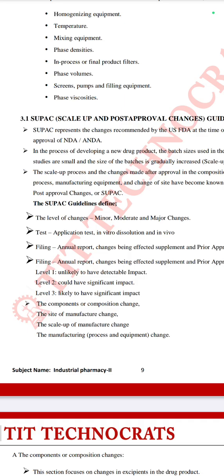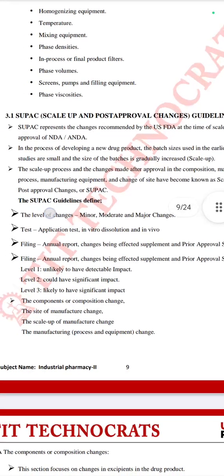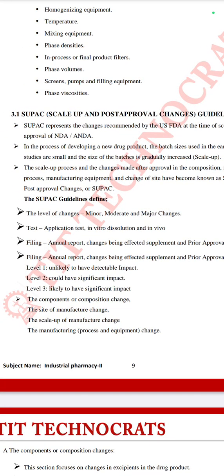Next is scale up and post approval changes guidelines. So what is the guideline for scale up and post approval changes?